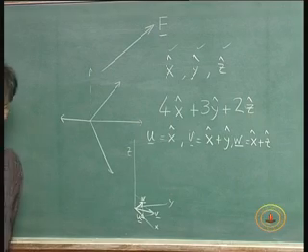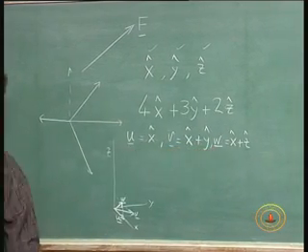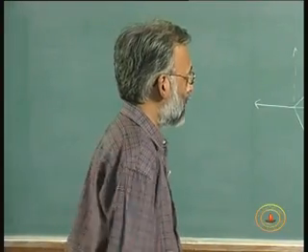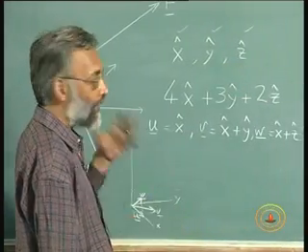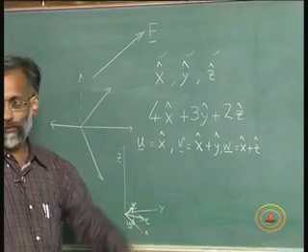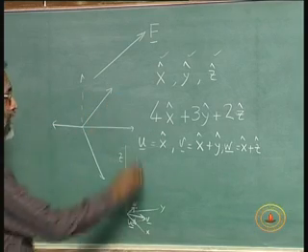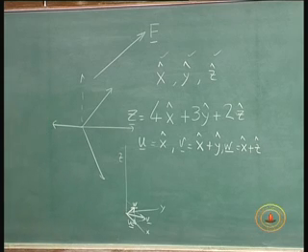Now, it turns out that I can use u, v and w to construct any vectors I like. Just like I could construct using x, y and z, I can construct any vector at all using u, v and w. Let us try it out on this vector itself. I am going to call it z. How will I do it?